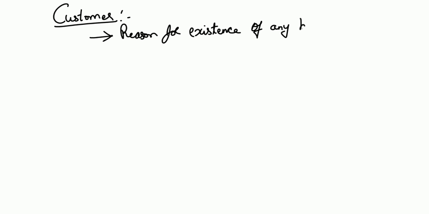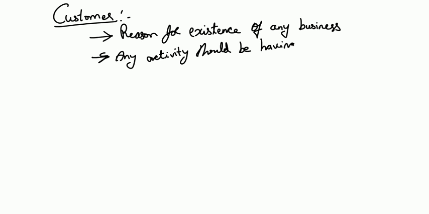Without a customer, you cannot sell to anybody. And where is the money? So the customer is the main reason for the existence of any particular business. So any marketing activity should have the customer as a main stakeholder. There is no marketing activity without the customer as a stakeholder.